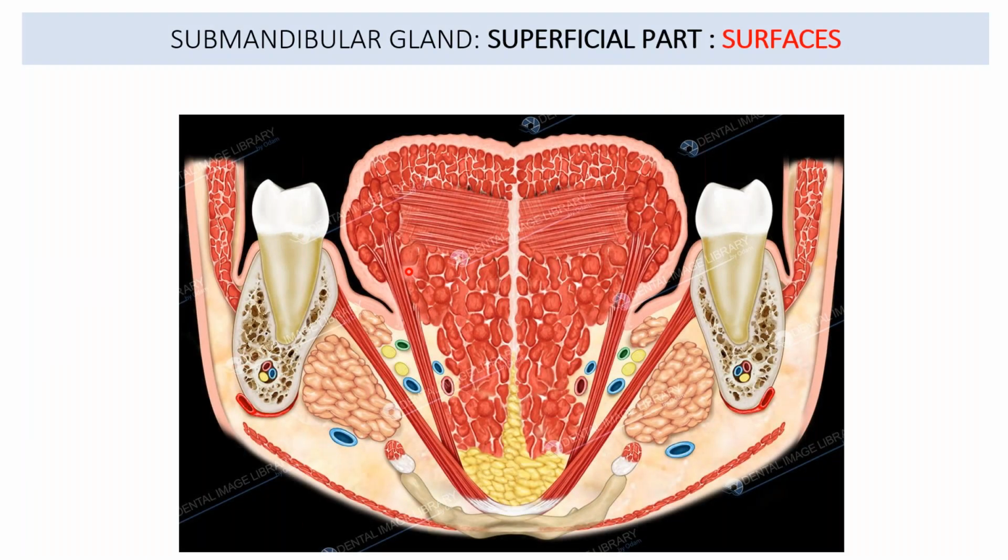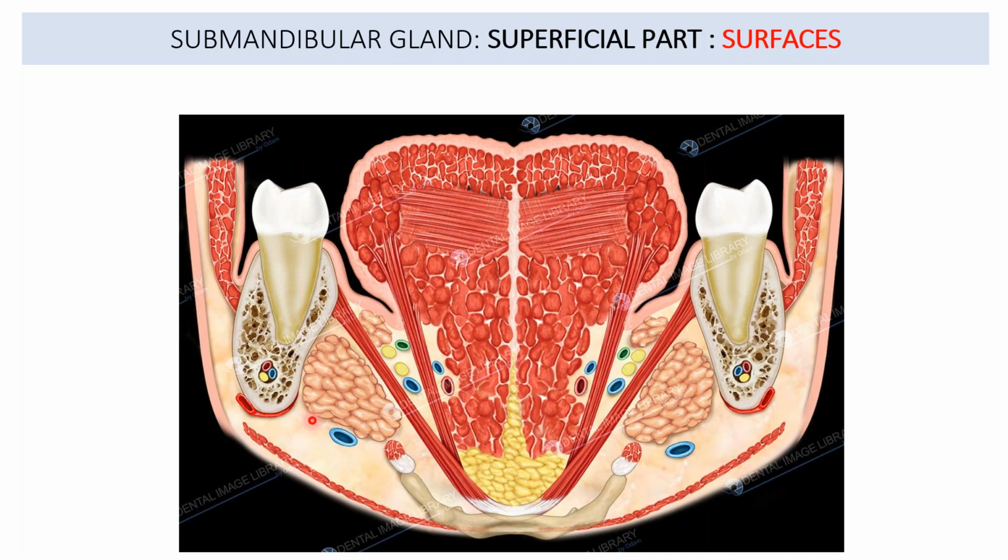Now coming to the surfaces of the superficial part. In this section, we can see the tongue in the center, and this is the cut edge of the mandible with the tooth over here, and lodged here will be the area of the submandibular fossa. This is the mandible, so this will be the medial aspect or the inner surface of the mandible. And this is the submandibular gland. The surface of the submandibular gland which is towards the mandible has to be the lateral surface.